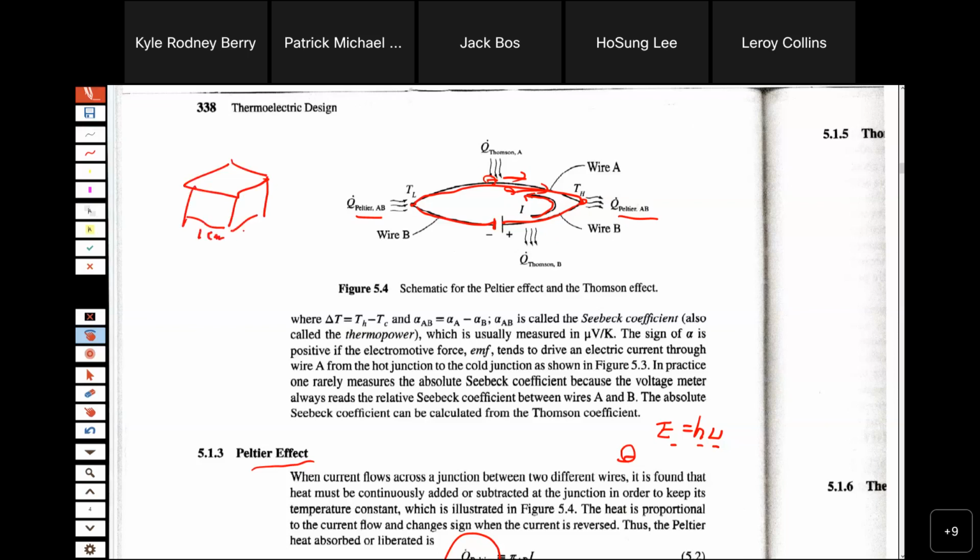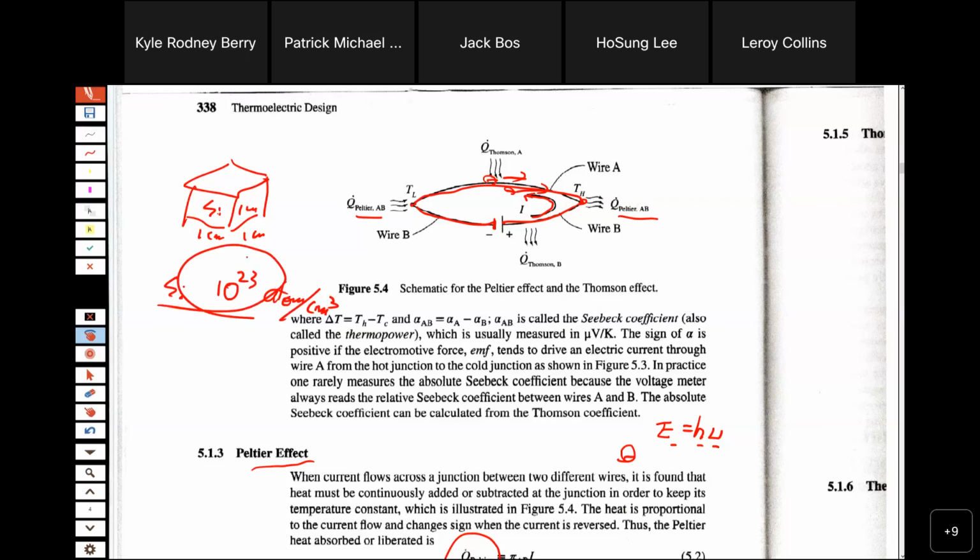1 centimeter, 1 centimeter, 1 centimeter of silicon. The silicon has 10 to the 23 atoms per cubic centimeter.